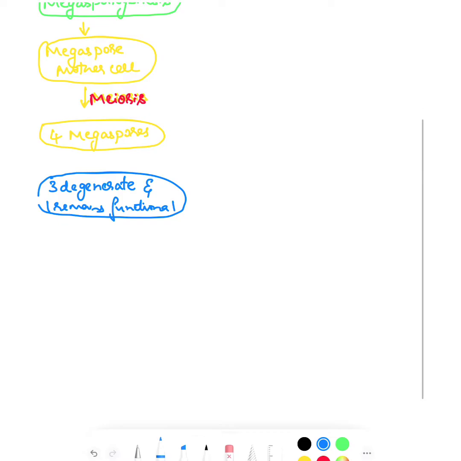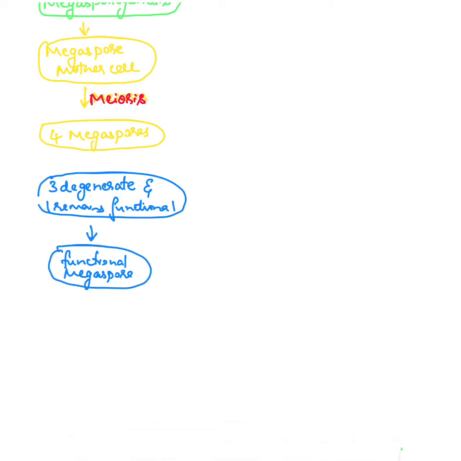Now this functional megaspore will undergo mitosis. First time we saw meiosis: the megaspore mother cell was undergoing meiosis, whereas the functional megaspore will undergo mitosis around 3 times, and what will it produce?